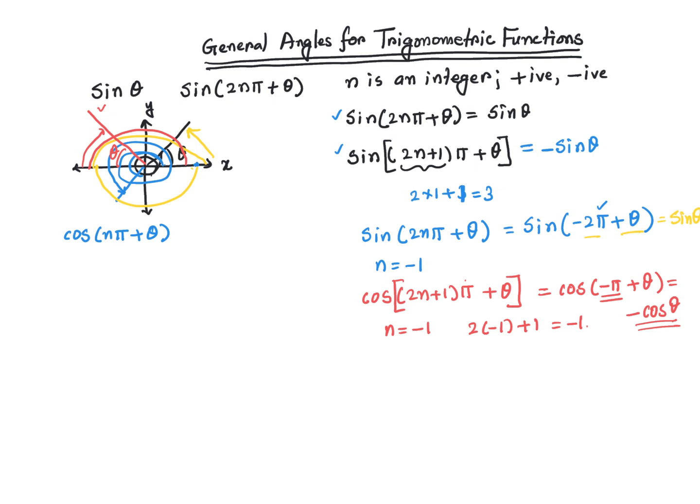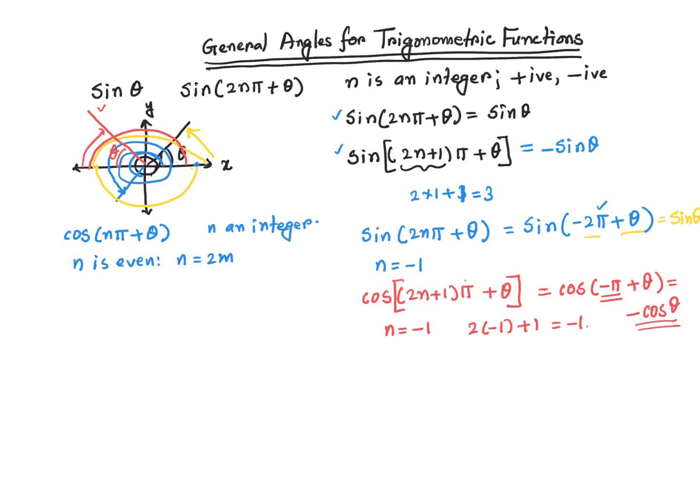Now, if n is even, meaning n is equal to 2 times m, where n is an integer, okay?